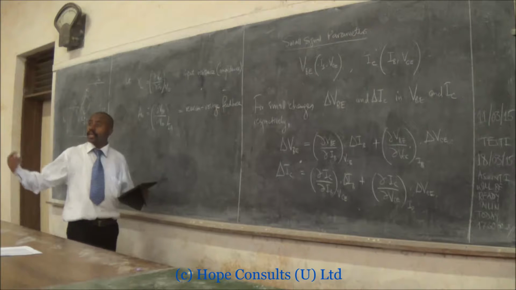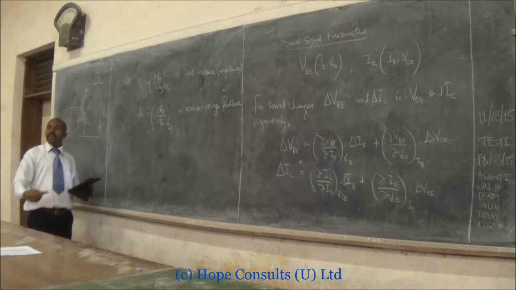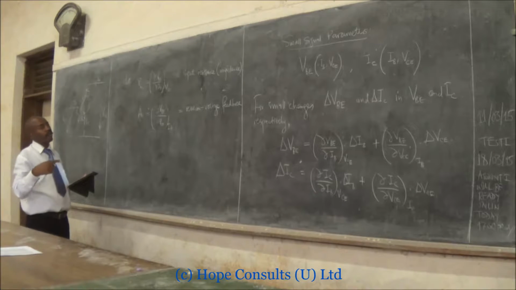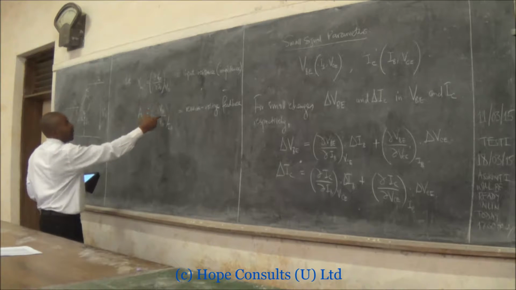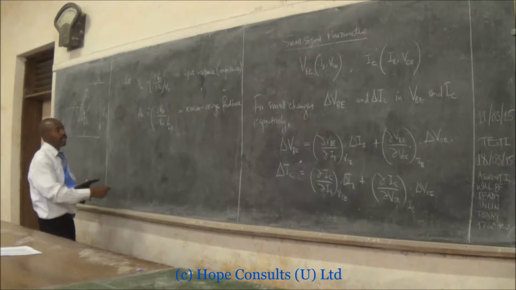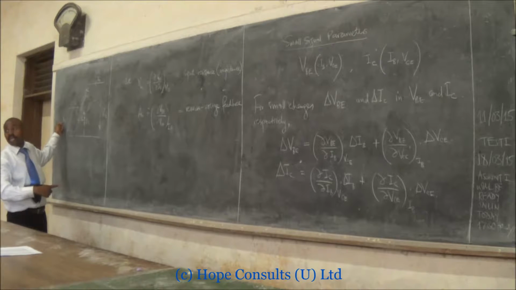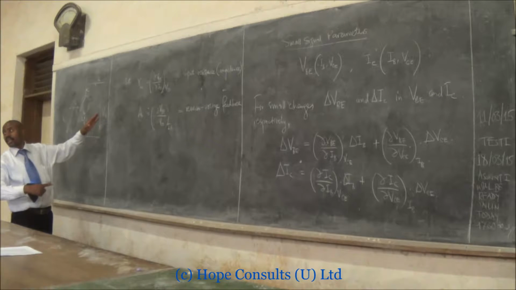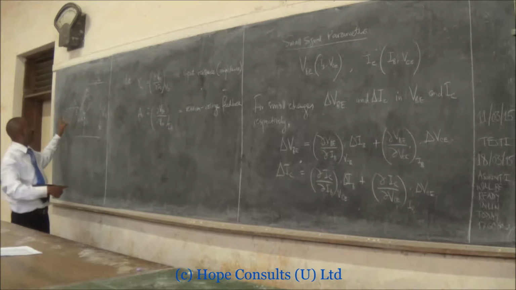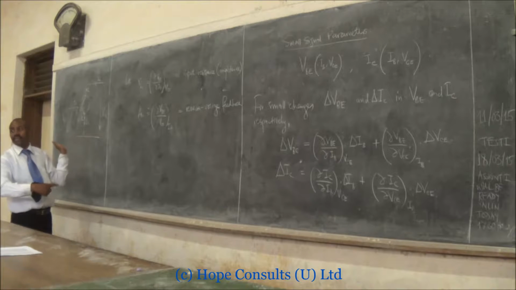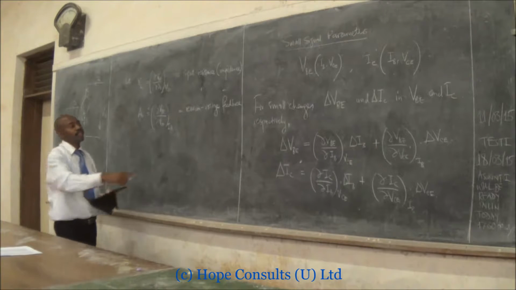We normally put a signal at the primary so that we get some feedback at the secondary. But if we're now looking at VBE over VCE, it's like if we were looking at VCE divided by VBE, we would get gain. But now we are having its reciprocal, so we are looking at it in a reverse way, considering this to be the output divided by the input. That's why we are calling it reverse voltage feedback.